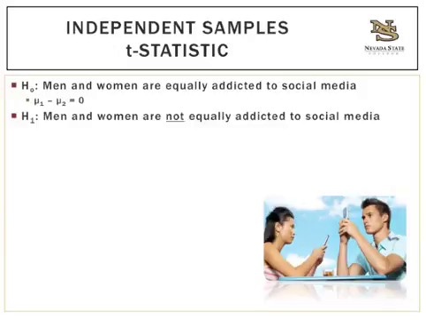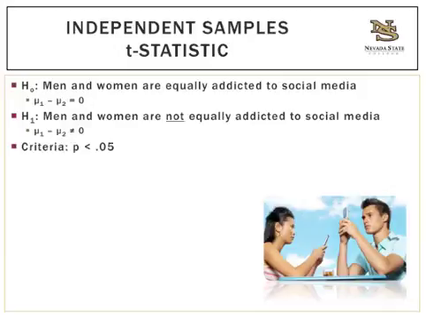Our alternative hypothesis is that men and women are not equally addicted to social media. In other words, the difference between them does not equal 0. In this case, once again, I'm doing a two-tailed test because I'm not sure whether men or women would end up being higher. And in fact, for this study, the difference between men and women was not a main hypothesis for the researcher. We're just doing this as practice.